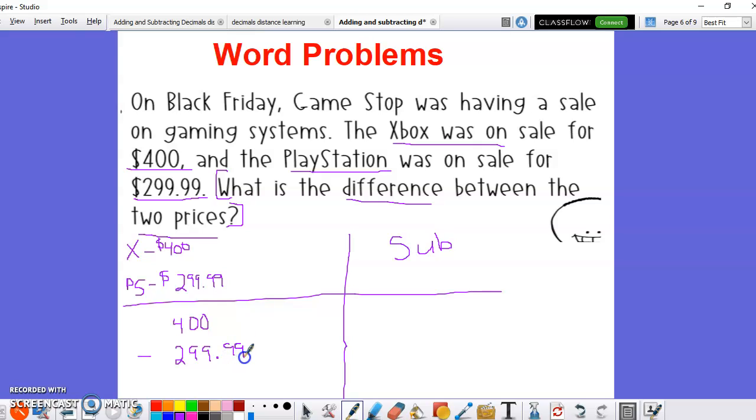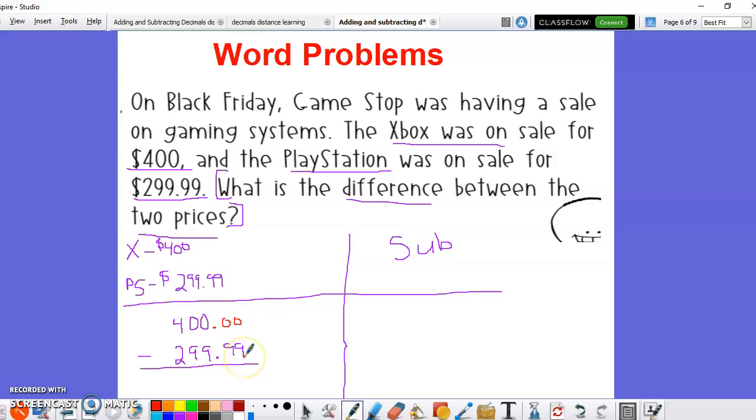Well, when I look up here at my top, I am missing some places. So I'm going to extend out my number, my 400. So now it has $400.00 here. So now I can just subtract as normal.